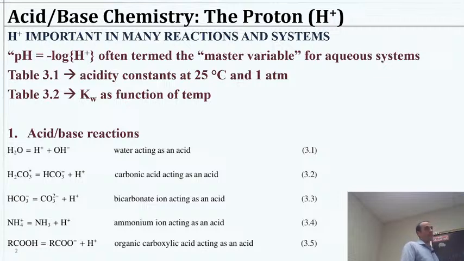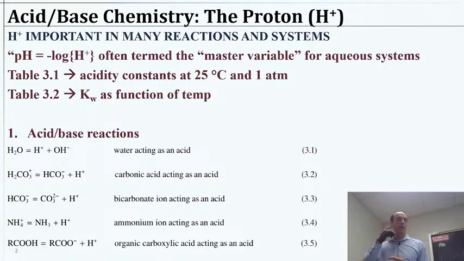That's all at standard temperature and pressure, 25 C and 1 atm. And what we'll find is in so many of our equilibrium reactions or other reactions, the pH is controlling the system to a large extent. So a lot of people have called the pH scale, or the fact that pH is negative log of H+, the master variable. So we'll see that quite often.